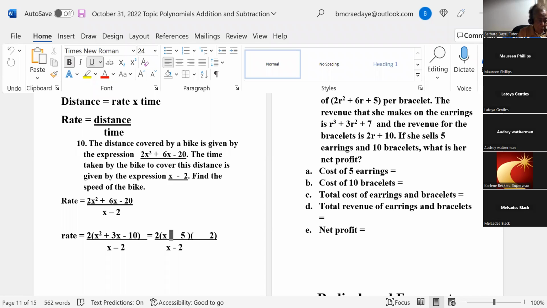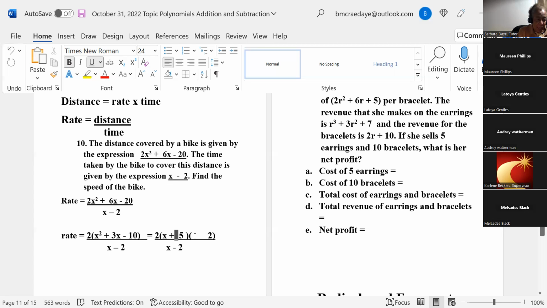Which one has to be plus, the 5 or the 2? How do you figure that out? Look at the 3. The 3 is plus. That means when you add them, you should get a plus. So the 5 must be plus. Plus 3, so this has to be a plus, and that means the 2 is a negative, right?